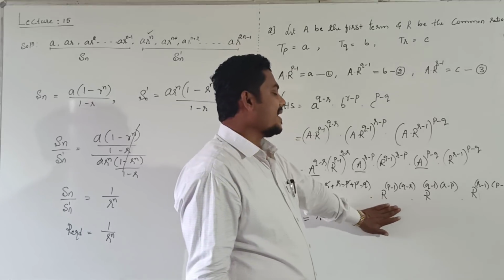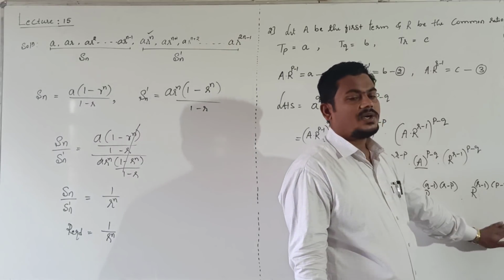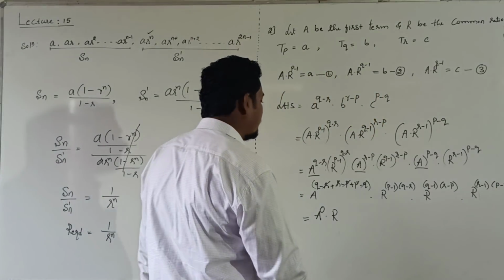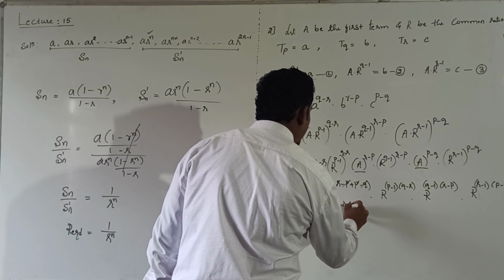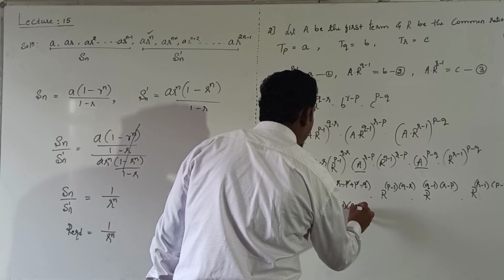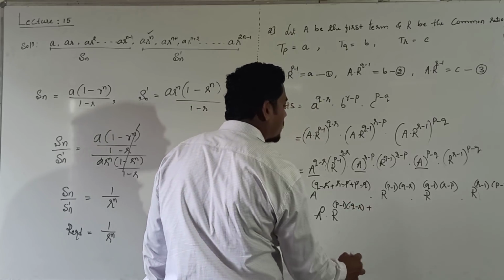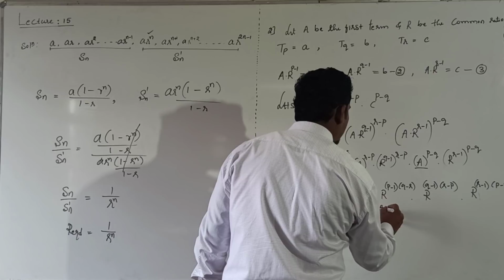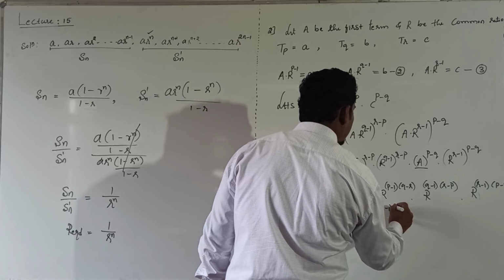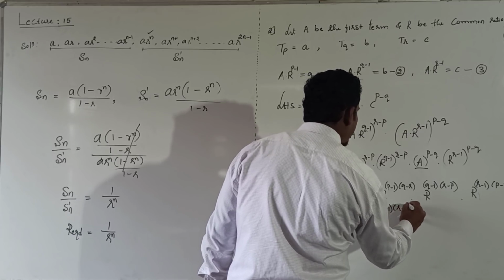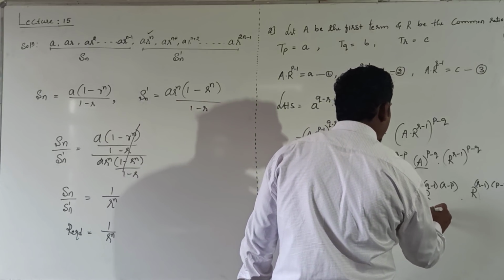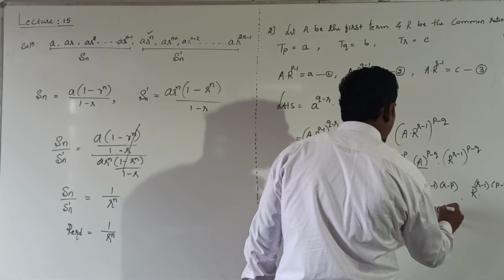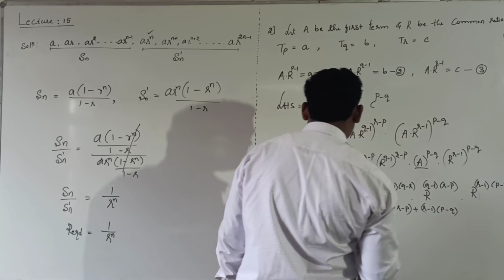It is like again a power m into a power n into a power p, a power m plus n plus p. So I will write p minus 1 into q minus r plus q minus 1 into r minus p plus r minus 1 into p minus q.